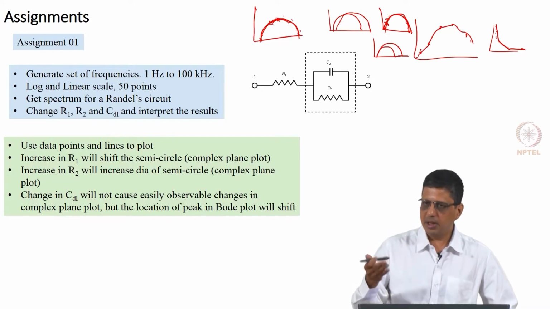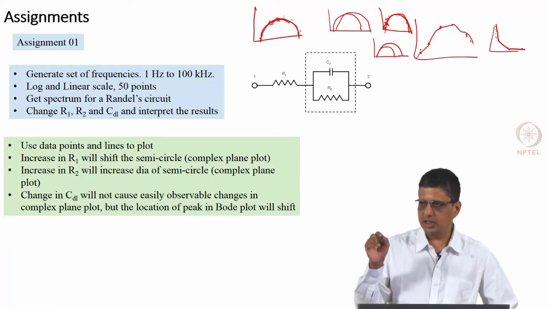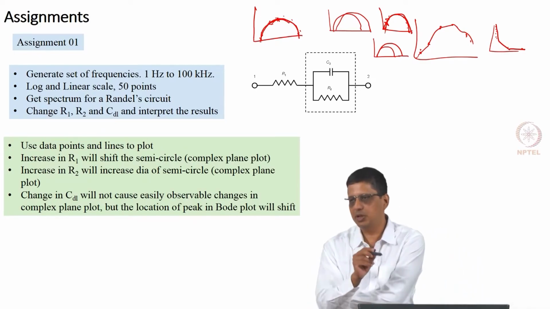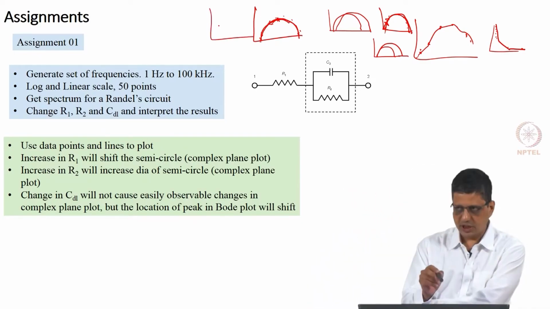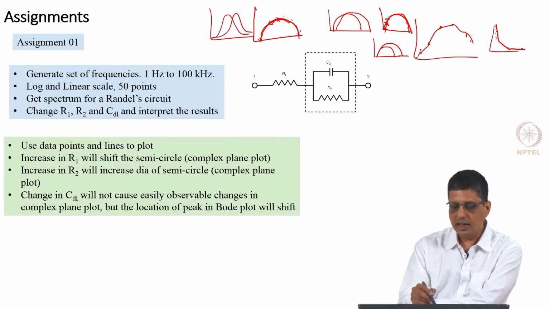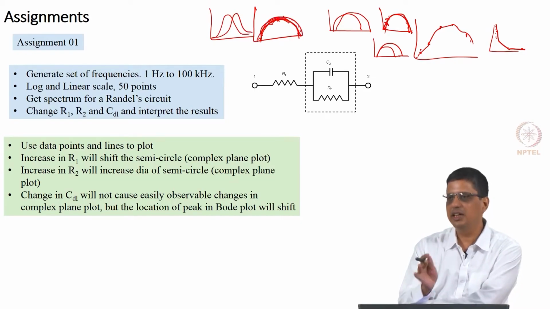When you are comparing 2 or 3 spectra, you would usually just look at the shape, the polarization resistance, the solution resistance, and you may not quickly observe this. Whereas if you go to the Bode plot, it will change. The location of the peak will change. Here, if you overlay 2 plots, you will think they are more or less identical.